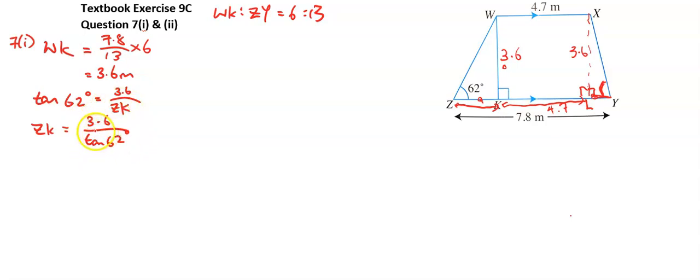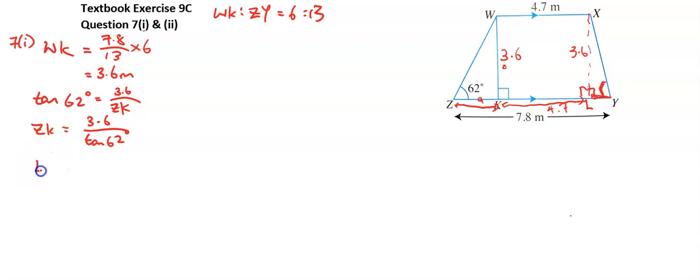So ZK can be expressed in this fraction. If you want to leave it, use a calculator, evaluate out the value of ZK, yes, you can do it, but remember, do not round off to 3SF at this point. You have to keep to 5 decimal places to preserve the accuracy eventually, because this is not your answer yet to this part 7.1. You're going to use this to calculate more things and then eventually get the answer for this part.